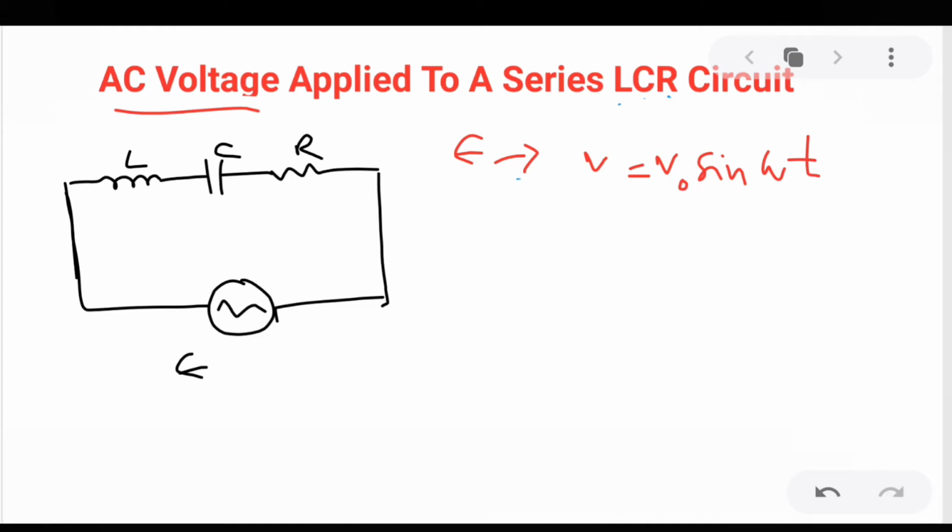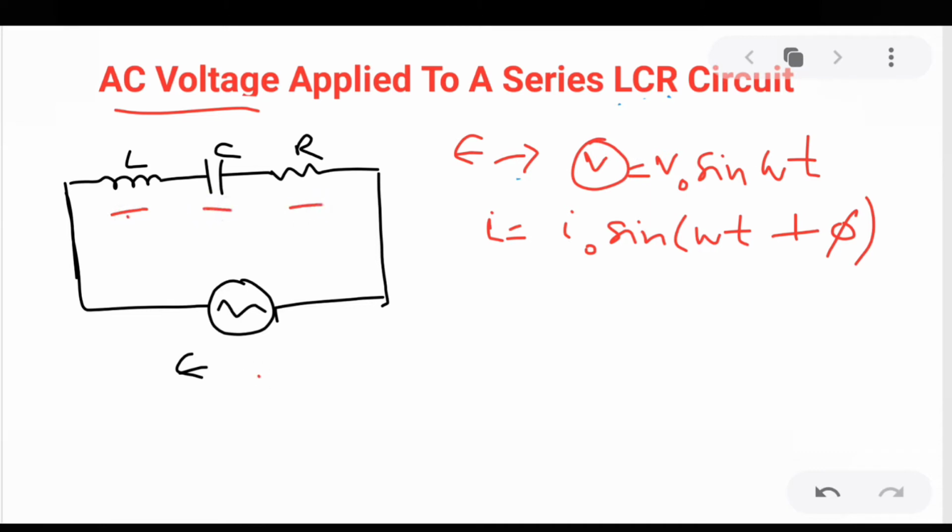And the current that is flowing in the circuit, suppose it is I is equal to I naught sine omega t plus phi. This is the current. Now see, when this voltage is applied across the combination of L, C and R.